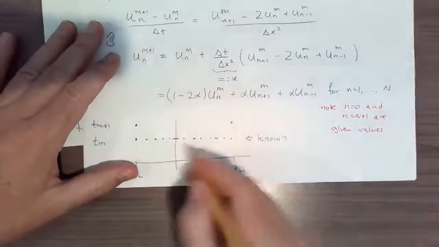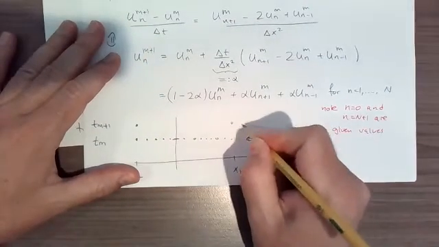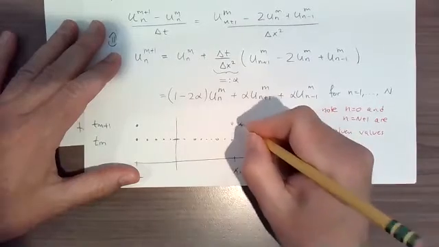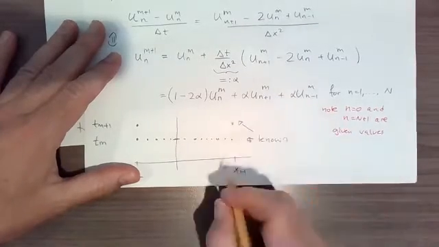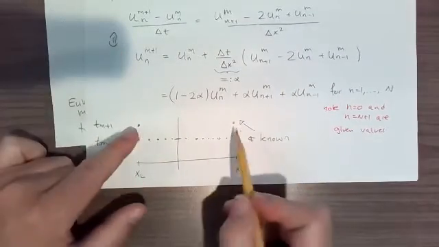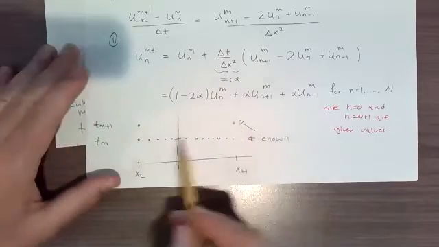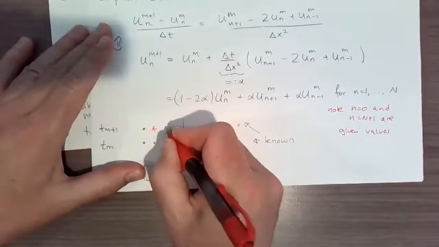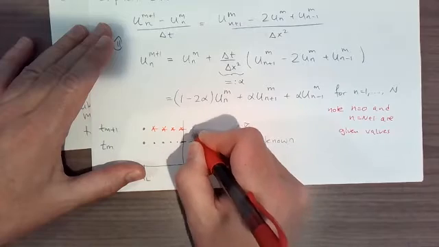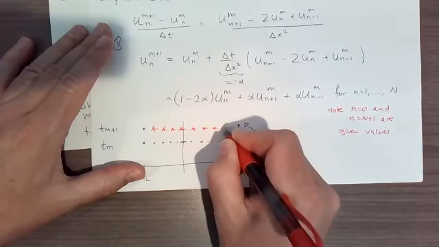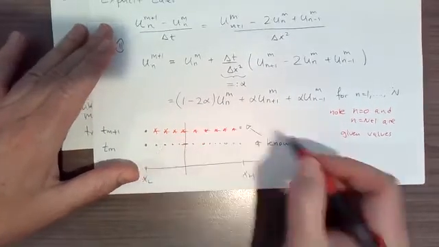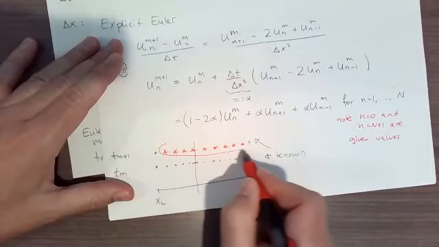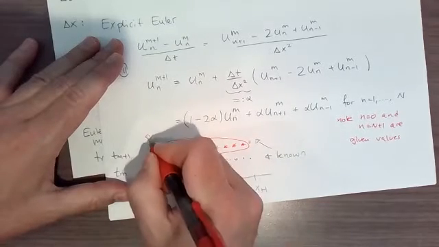So these dots here, and the ones on the side, are known. But of course, what is not known are all these values in here. These ones here, they are to be determined.